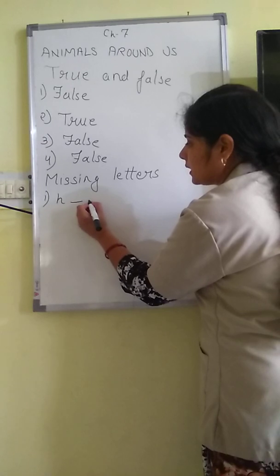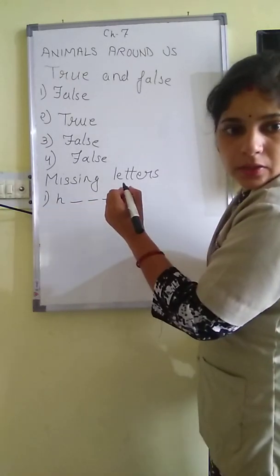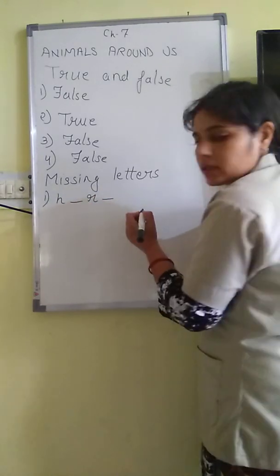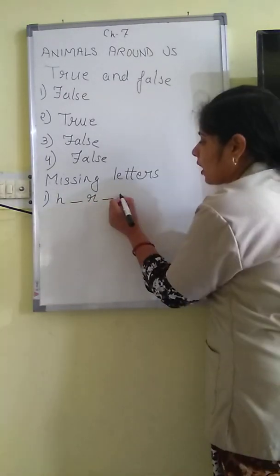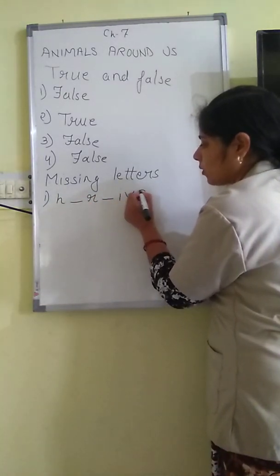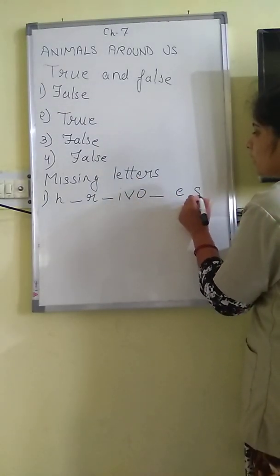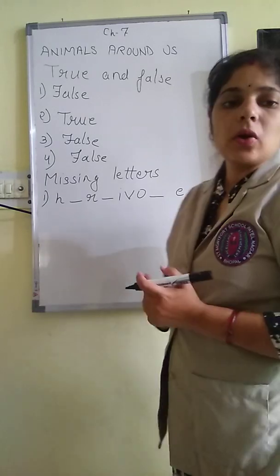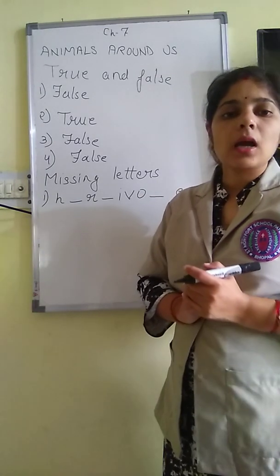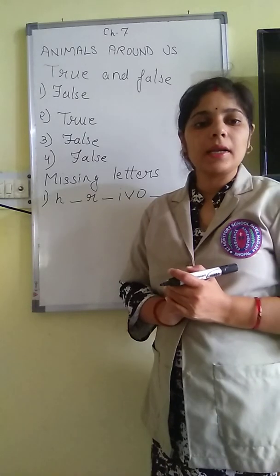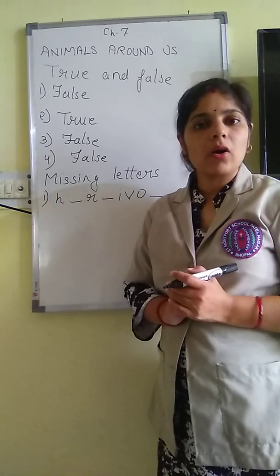Then you are having 3 dashes, then R, then I, V, O, then again a dash and E, S. So your statement here is cows and goats are eating grass or plants.